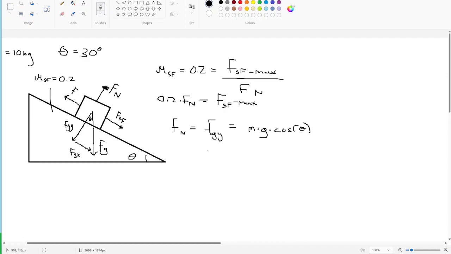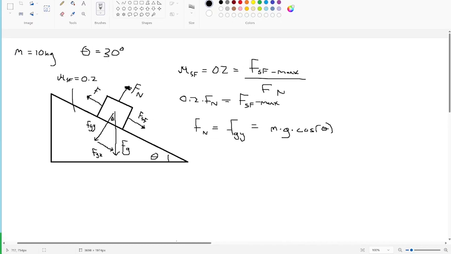Okay, so next, let's go ahead and calculate this value. It's going to be 10 kilograms times 9.8 times cosine of 30. So 10 kg times 9.8 meters per second squared times cosine of 30.